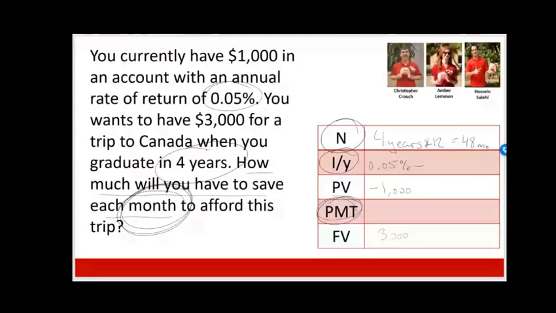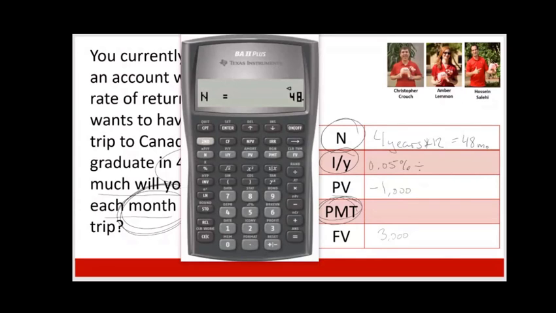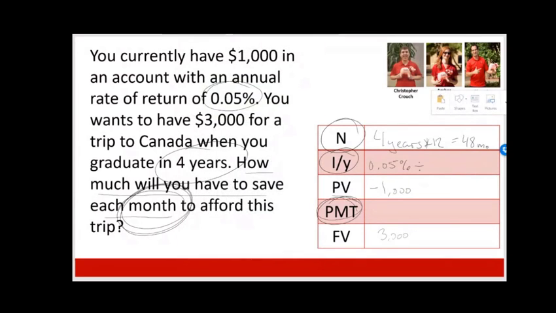So do you put 48 in? Yep, I have N is 48. And then 0.05.